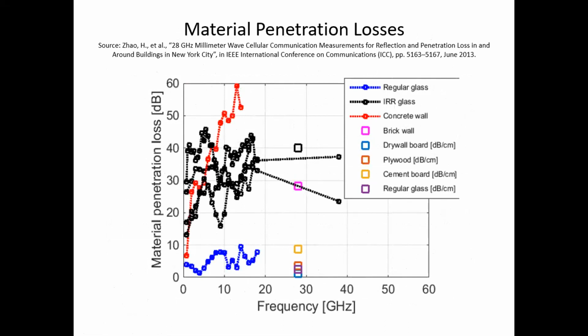This one shows a comparison of losses in different types of materials. And see, IR glass offers very high losses, and regular or clear glass has low losses.